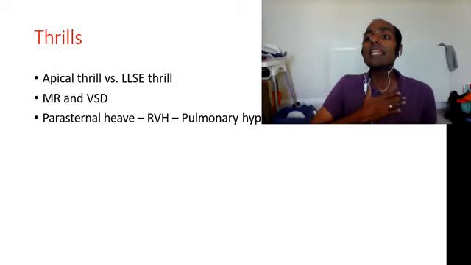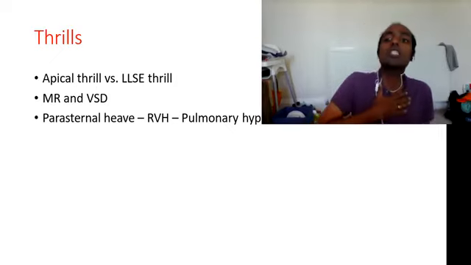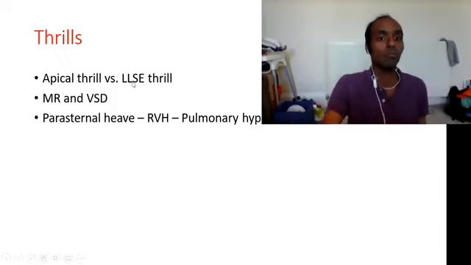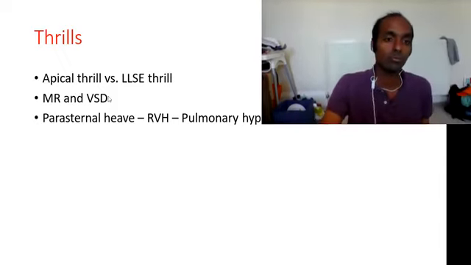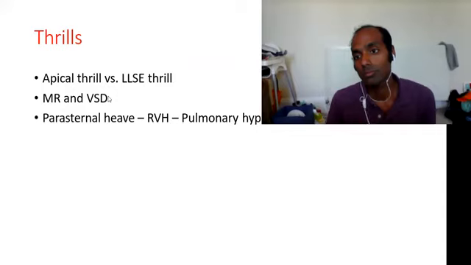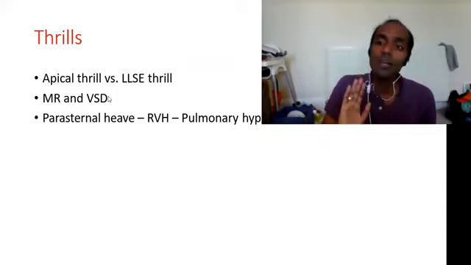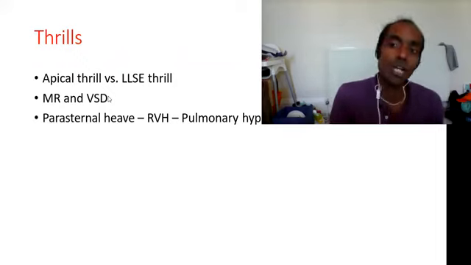If you feel a thrill in the pulmonary area, the diagnosis is almost always pulmonary stenosis. And we have already discussed that a parasternal heave is just evidence of right ventricular hypertrophy.